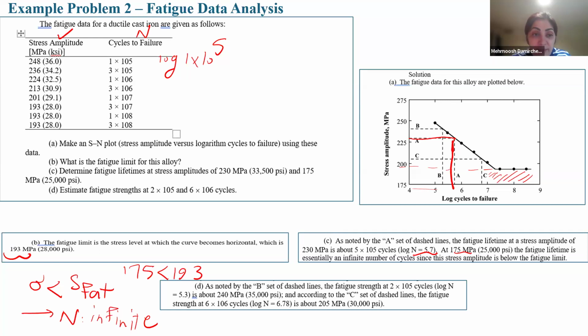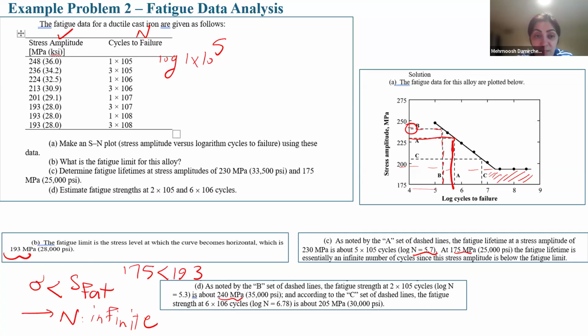Part D: estimate the fatigue strength at 2 times 10 to the 5 and 6 times 10 to the 6 cycles. 2 times 10 to the 5 cycles means log of N should be 5.3, which is point B, this point. Here we have N, go to the curve, and read the stress related to this point, and this stress is about 240 megapascals.